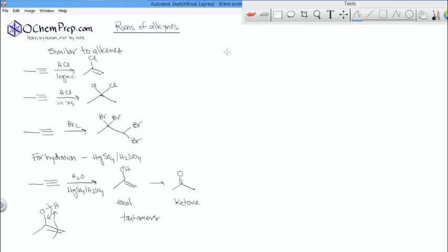On the same vein, if you use hydroboration followed by oxidation, which was the anti-Markovnikov way of adding water, we take our propyne, treat it with borane, followed by H2O2 in basic solution, we're going to end up with this enol.